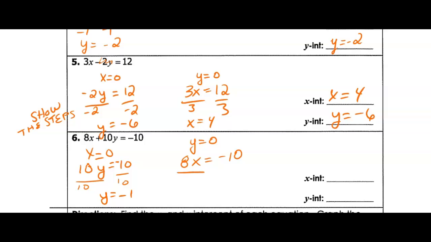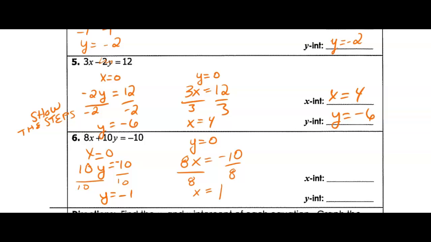Over here, when I divide by 8, how many times does 8 go into negative 10? If we go back to some of your elementary math, I actually did this when I worked with my 4th graders in their math groups. So we divide this out. How many times does 8 go into negative 10?